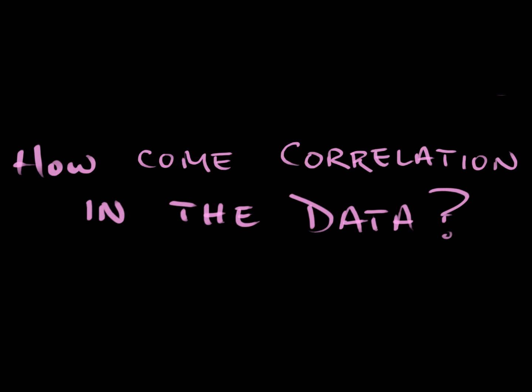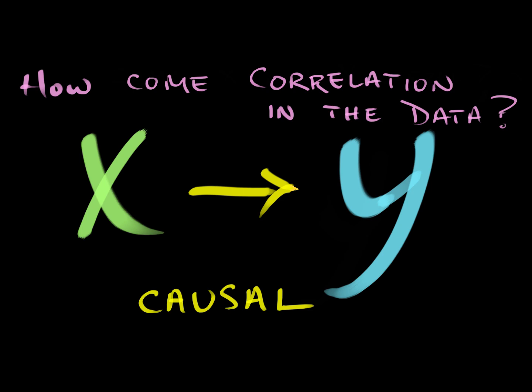However, when working with observational data, real-world data, there are really 4 reasons why we might observe a correlation between X and Y. Okay? 4 sources of correlation between X and Y. First, causal.